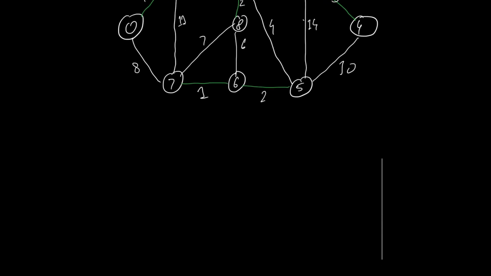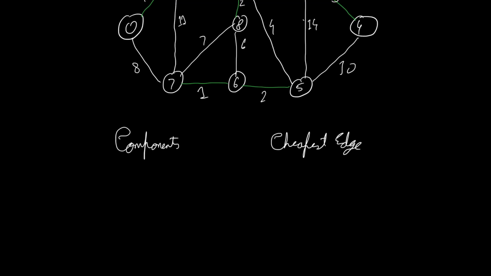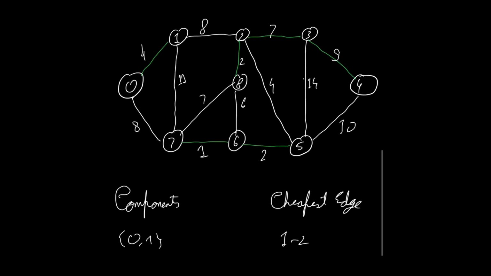Now again we will move forward to repeating the step, which is components here and cheapest edge. Here our components are 0, 1, and the cheapest edge will be 1 to 2, as we can see here.